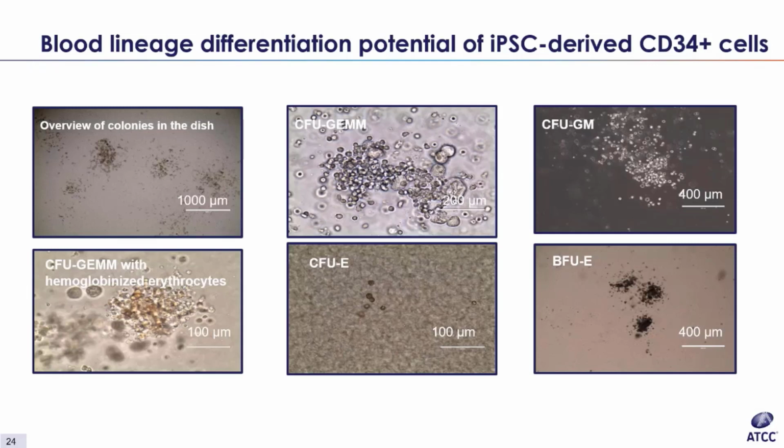Bottom middle is CFU erythroid, derived from the CFU-GEMM. And finally, bottom right is the burst-forming unit erythroid. So, like the iPSC-derived MSCs, the iPSC-derived CD34 positive cells have high differentiation capacity.